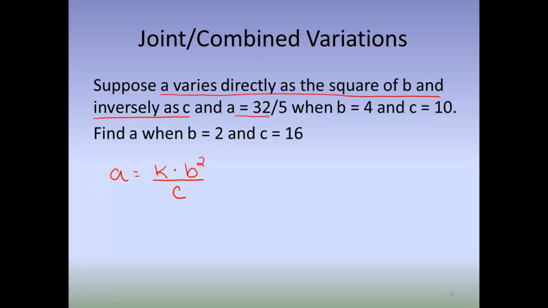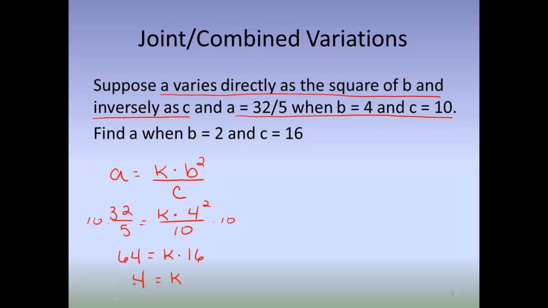The rest of the process is going to work similarly. They give you an A, B, and C that you will use to find your K. 4 squared over 10. Multiply both sides by 10 to get rid of the fraction. And that's going to get me 64 equals K times 16.